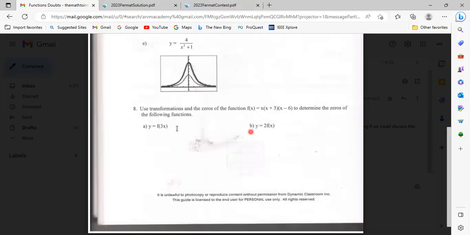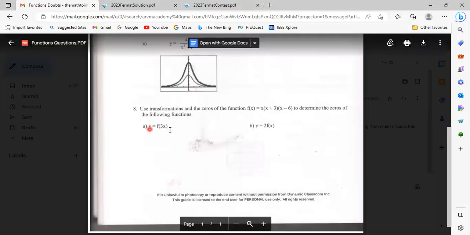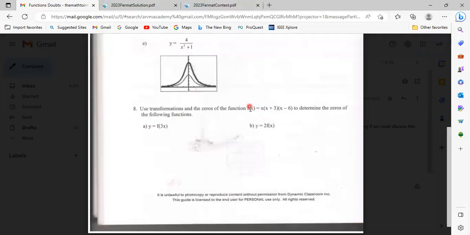So here they're saying that y is equal to f of 3x. So f of 3x means you will have to replace every x as 3x, isn't it? So it would be 3x, 3x plus 3, 3x minus 6. Now can you equate them to zeros?